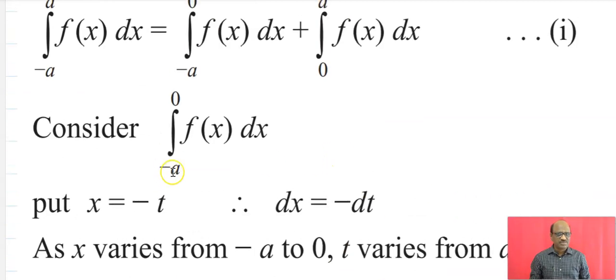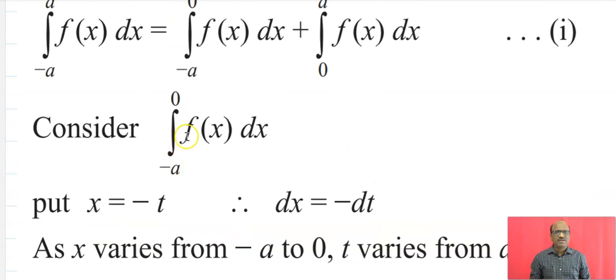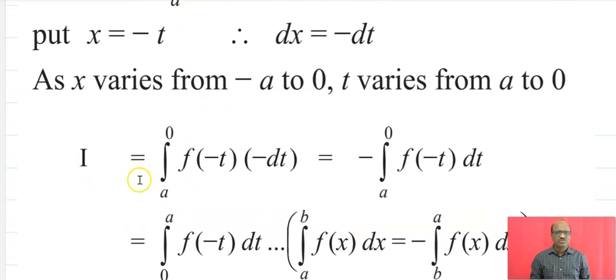I will repeat here, the limits are also very important. Put x equals minus a, minus t is equal to minus a, t is equal to a. Put x equals 0, t is equal to 0. These are the limits. Therefore, our integral becomes I is equal to integral a to 0 f of minus t in bracket minus dt.